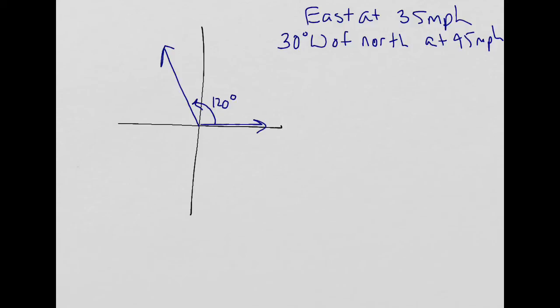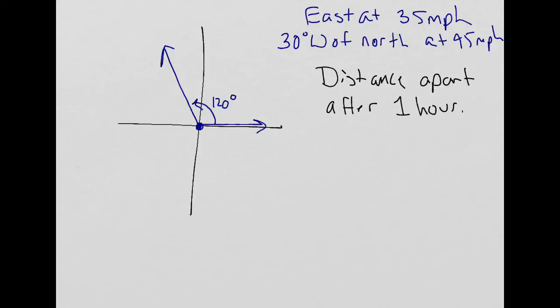Now, if they started at the same point, so let's have them both start right here at the origin, and let's find the distance apart after 1 hour. So what we're really being asked is, can I find that?